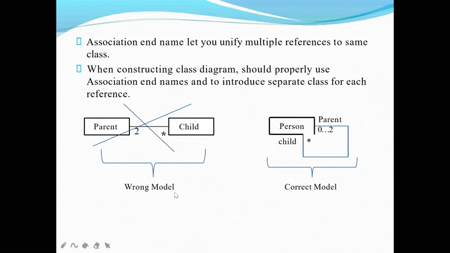How are you going to write the correct model? We cannot take parent as a class. We have to take the class as Person. So Person will be a class. Next, we have to give the association end names.